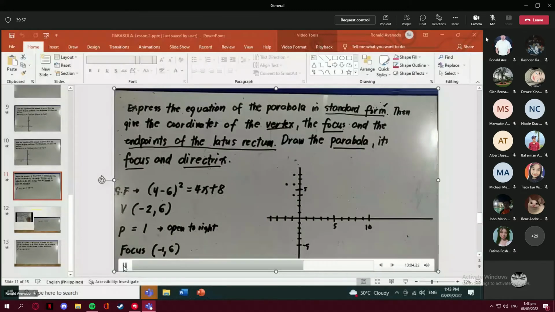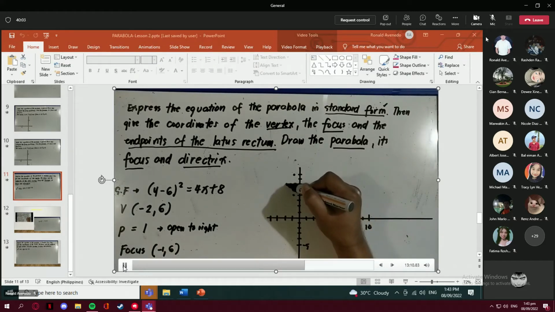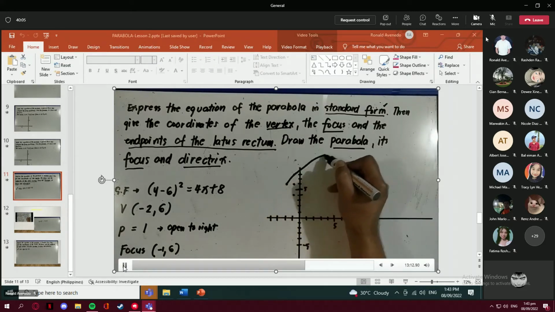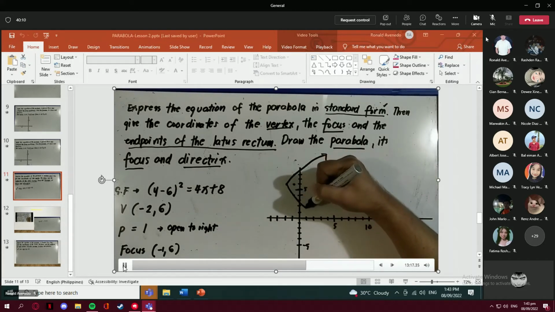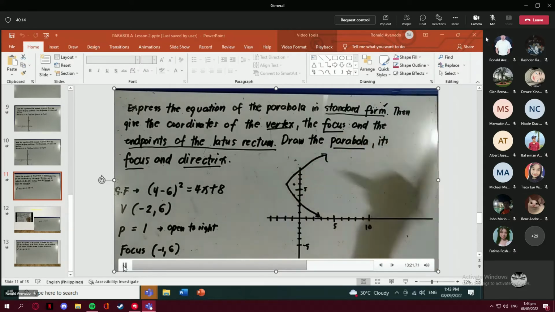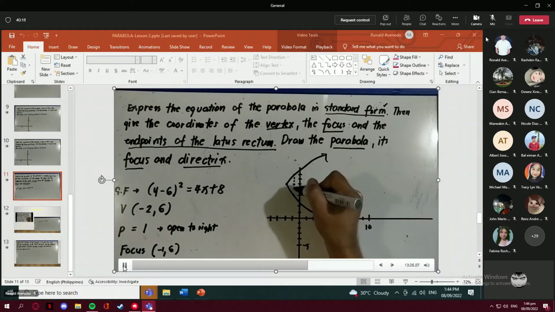Negative 1, positive 8. Then, connect the vertex and endpoints. Okay, you can extend this. So, this is our latus rectum.